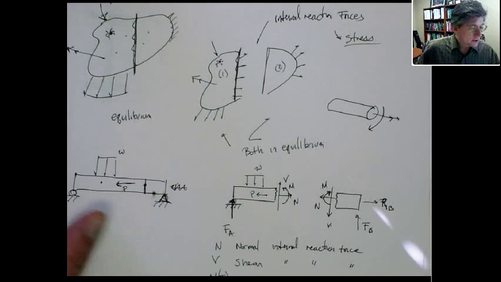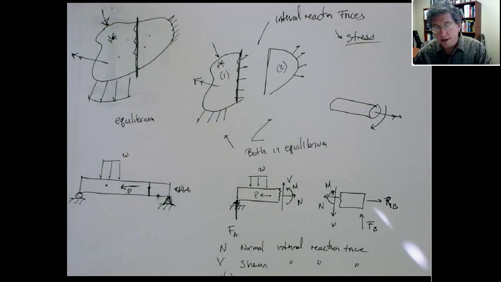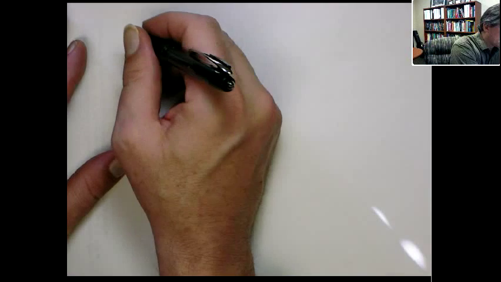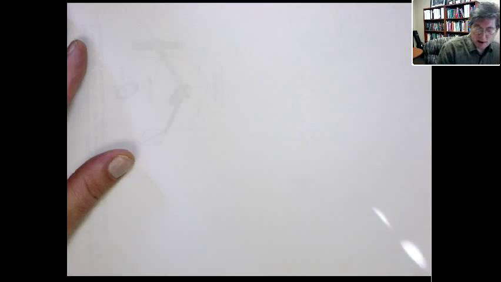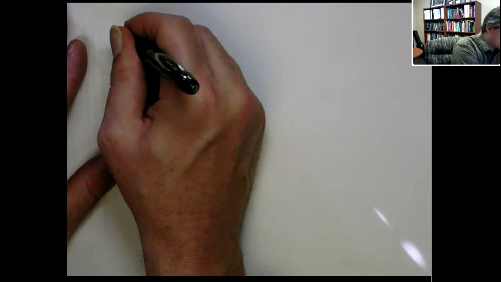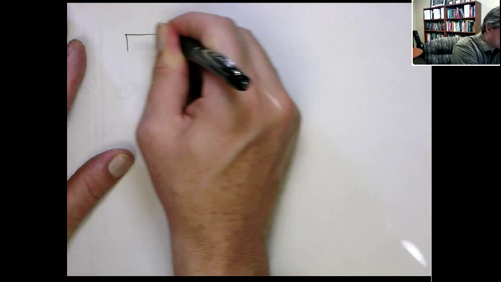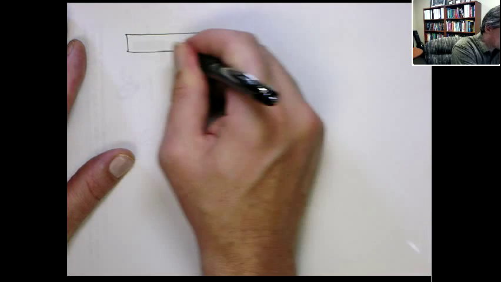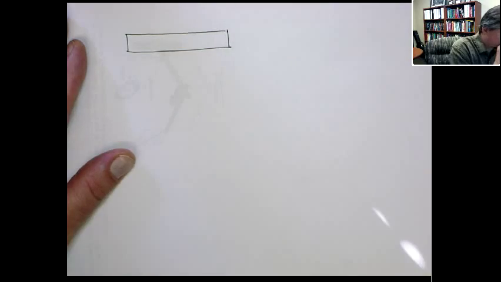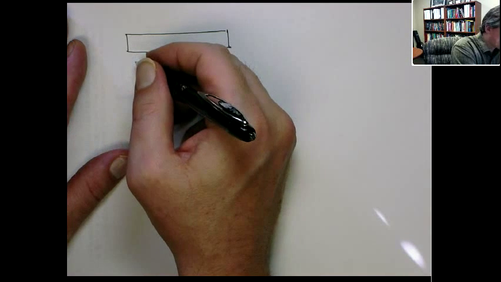Okay. So the typical problem you'll see is something like this. Actually, we can almost do the same problem as we did in the last video. Well, let's do that. Let's do this beam. Let's simplify. So this would be a typical type of problem. Here's a beam.